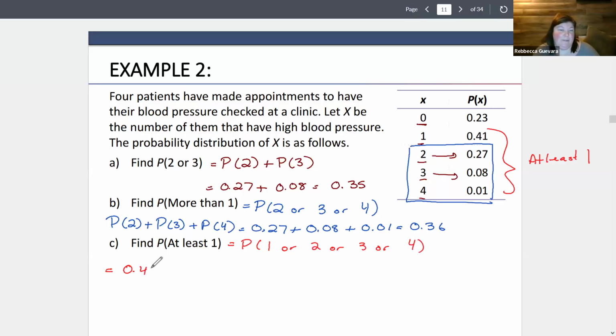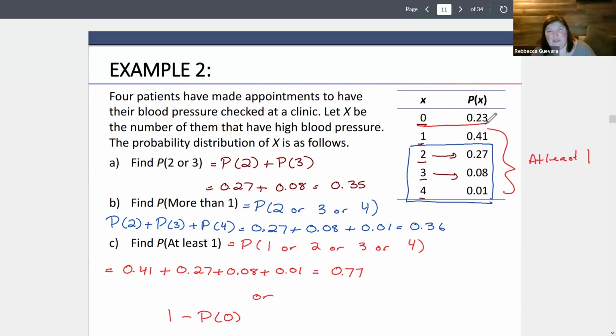So that is going to be 0.41 plus 0.27 plus 0.08 plus 0.01. If we add that together, we get 0.77. Or we could have done this: 1 minus the probability that 0, because that's the only one that wasn't included, that none of them have high blood pressure. So we could have done that instead.